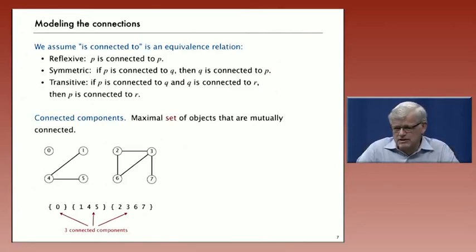And these components have the property that any 2 objects in them are connected, and there's no object outside that's connected to those objects. Our algorithms will gain efficiency by maintaining connected components and using that knowledge to efficiently answer the queries that they're presented with.